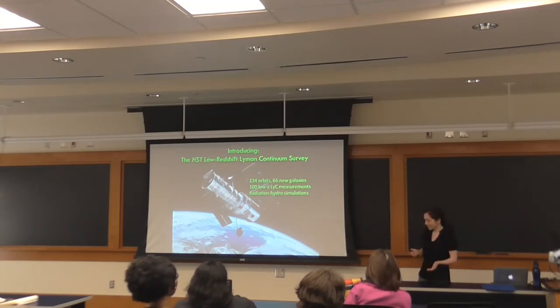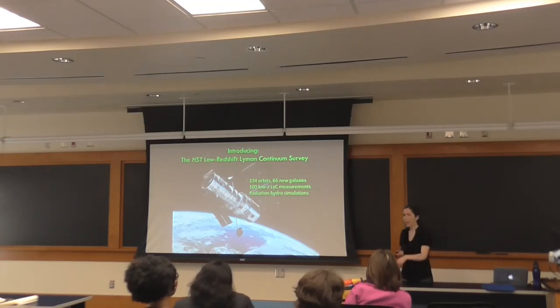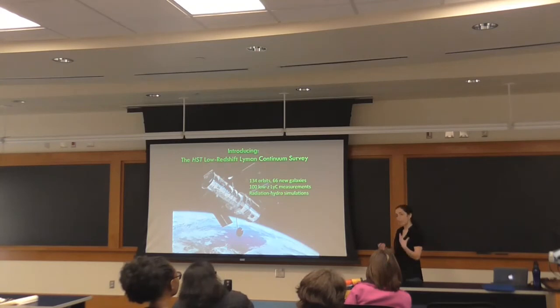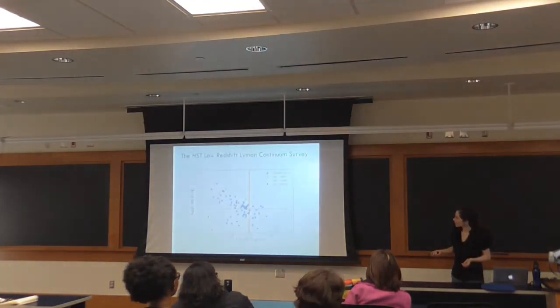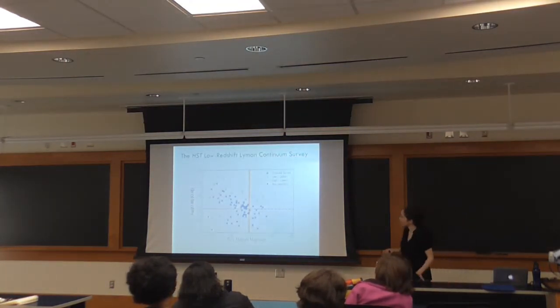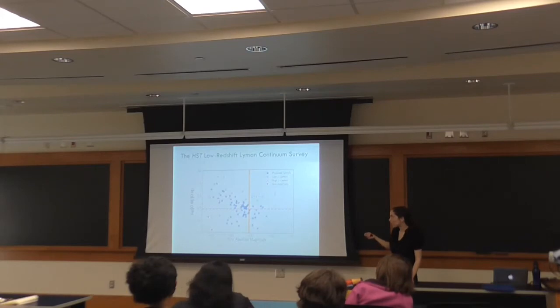And we also have a team working on radiation hydrodynamic simulations that'll look at how Lyman alpha is escaping from realistic galaxies and compare that with the observations that we have. And just showing this is the sample that we're looking at. The X's show known detections, and blue is our new sample.